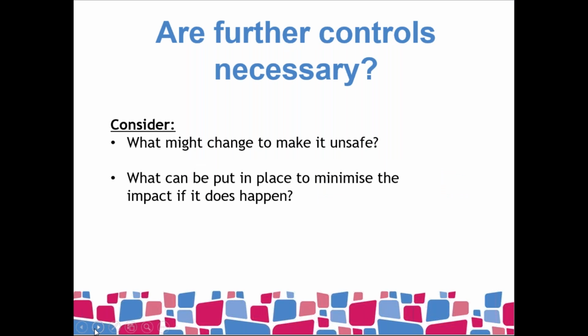Are any further controls necessary is quite a difficult box to fill in, I think, because you've probably put everything that you wanted to do to stop the incident from happening in the first box that you filled in. So some ideas of things that you could put in the further controls necessary box are things like what might change to make that activity unsafe.